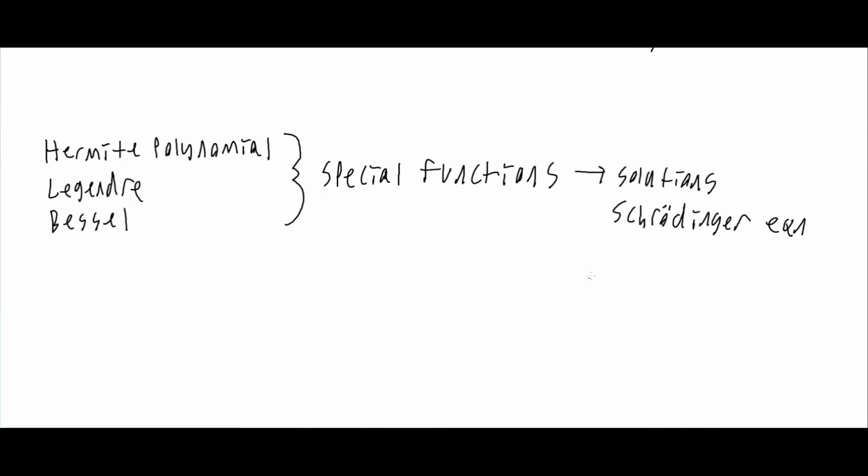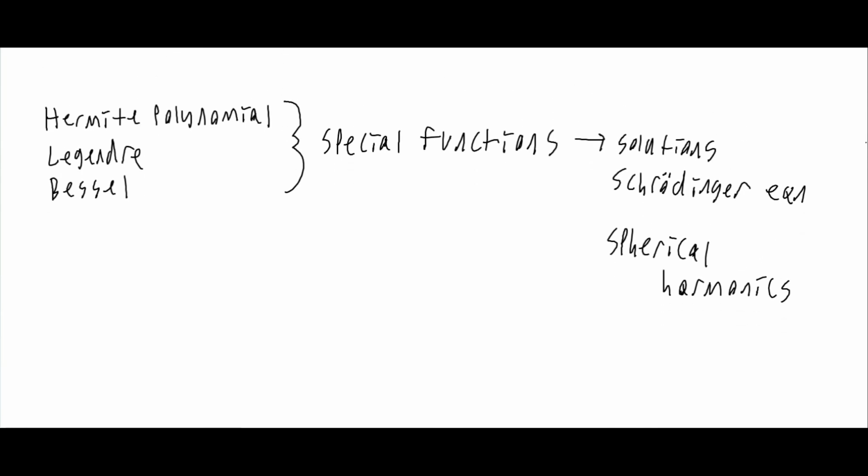And like I said in a previous video, the reason I'm doing that is because, at least for me as a self-learner, when I was reading through, in particular, Griffiths' book on quantum mechanics, these various types of special functions started popping up because they are solutions to the Schrödinger equation, which we will see are solutions to spherical harmonics, and they're just kind of introduced, and it's not really explained what they are and why they're there.